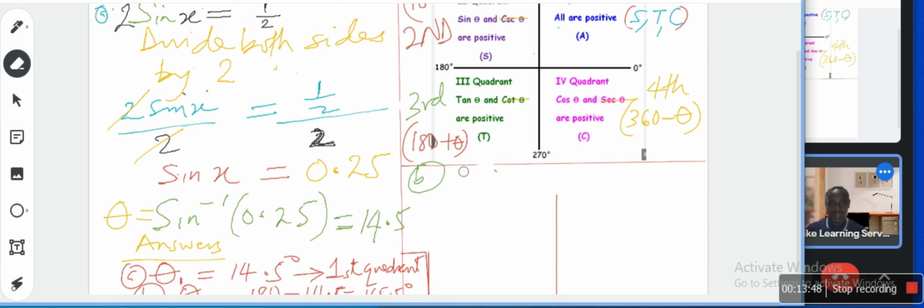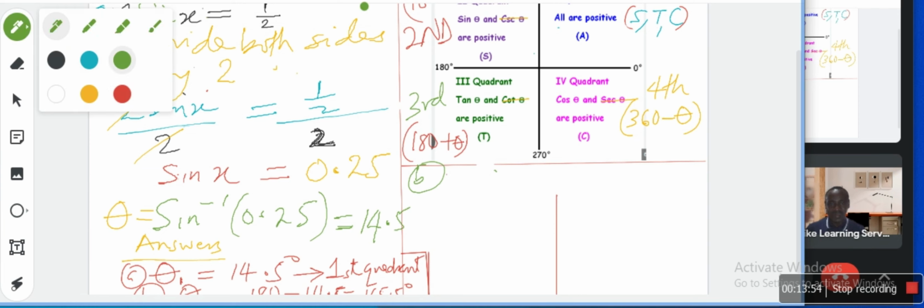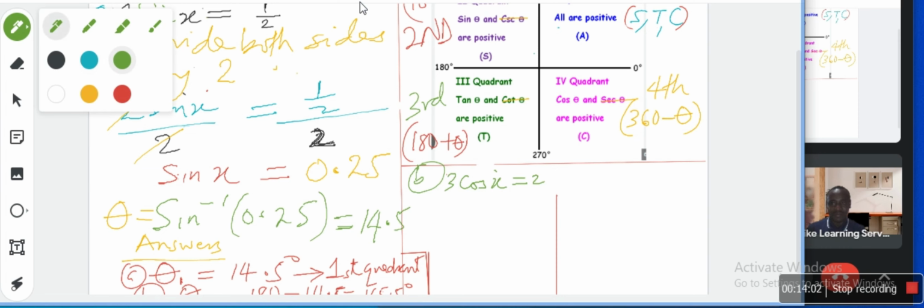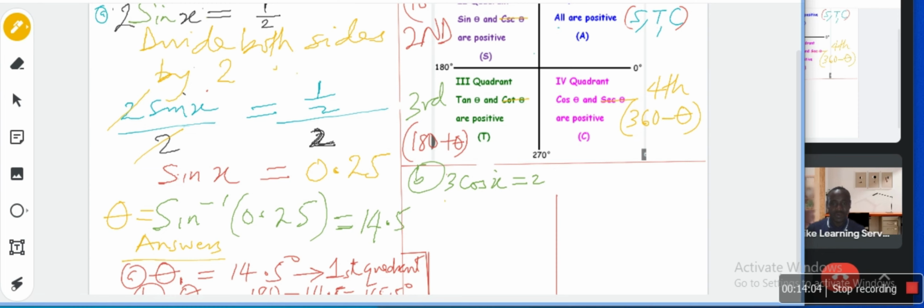Let me write this thing again. This is 3 cos x is equal to 2. So divide both sides by 3. You're going to have cos x is equal to 2/3. Is it not? Yeah.